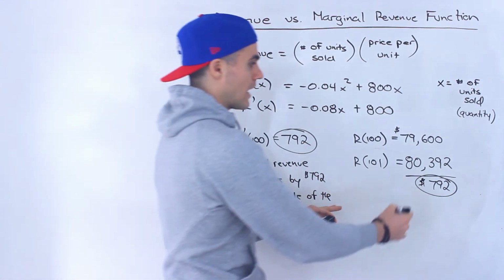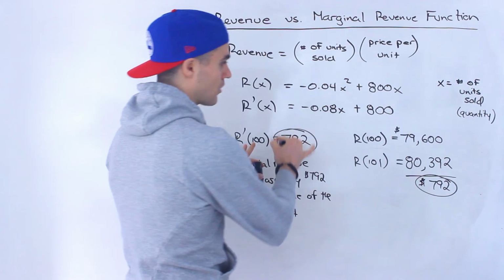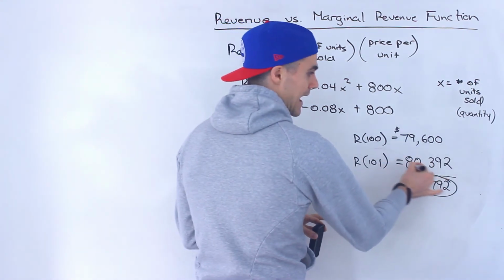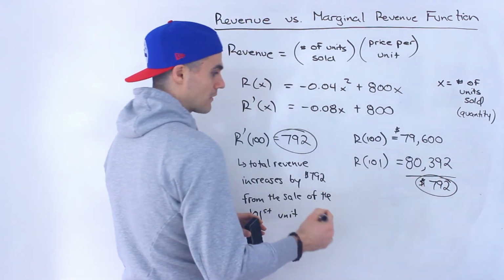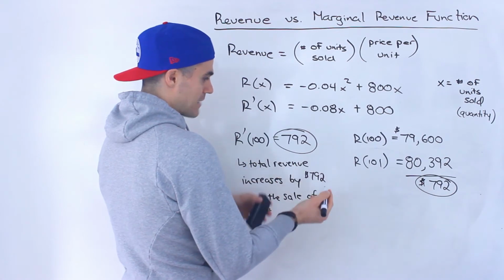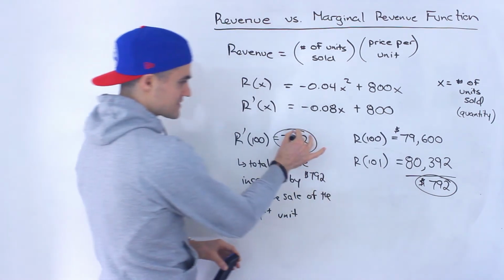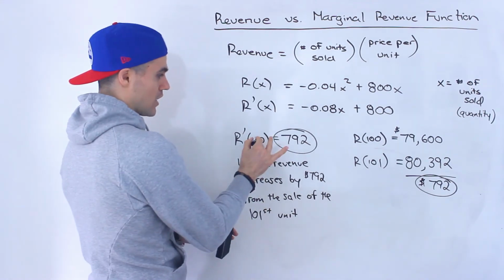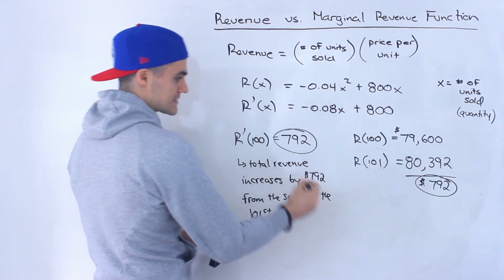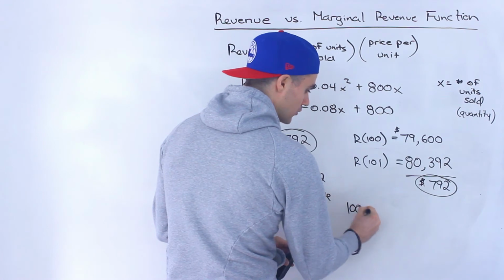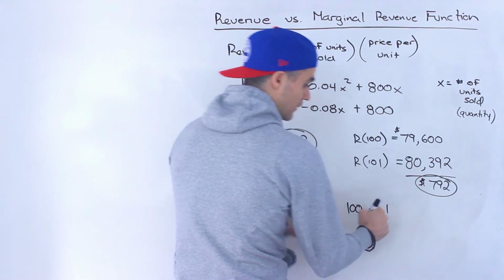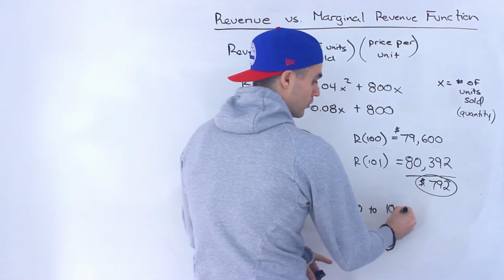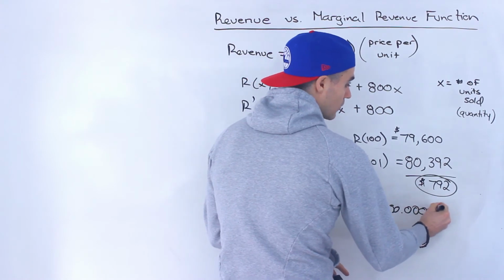Now, this is actually an approximate number because this was actually a decimal and we just rounded it. In fact, this value is actually not the exact change from 100 to 101. It's more so the change from 100 to something very close to 100, like 100.00001. Right?